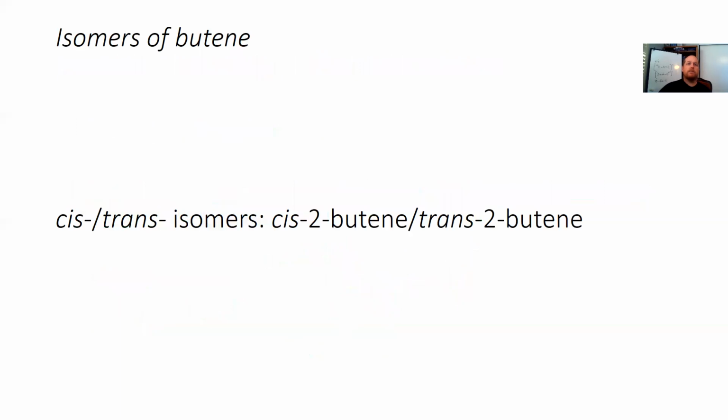In particular, with butene, okay? So with butene, think about it this way, right? This is a C4H8. And so if we think about the possibilities here, we've got carbon bonded to carbon, bonded to carbon, bonded to carbon. We're going to put initially a double bond between the first and second carbon, and then we'll fill in all the rest of our hydrogens.